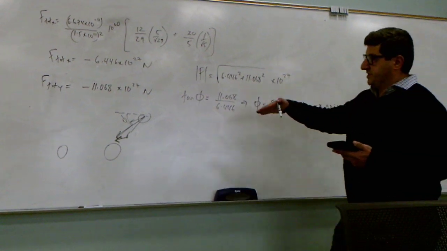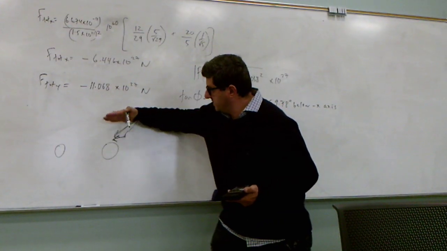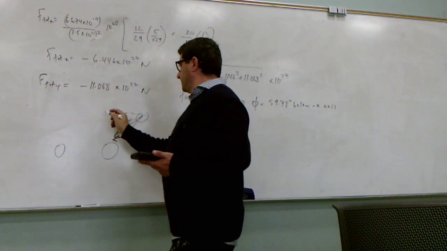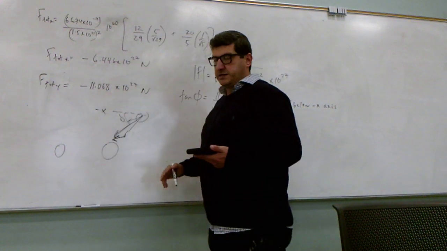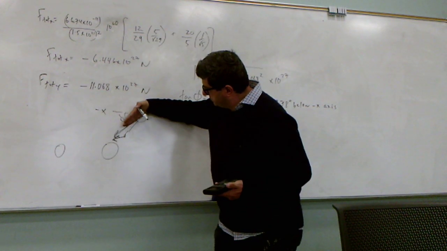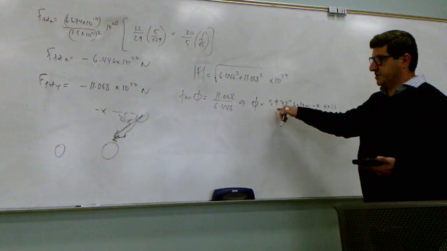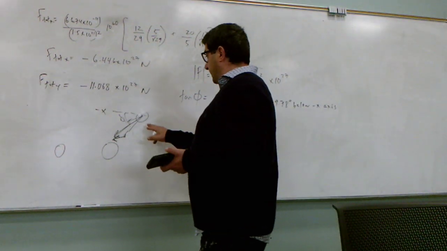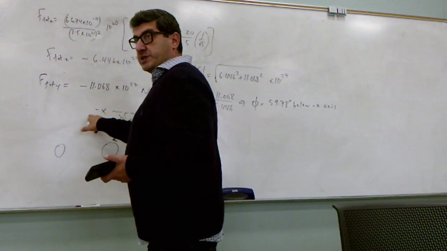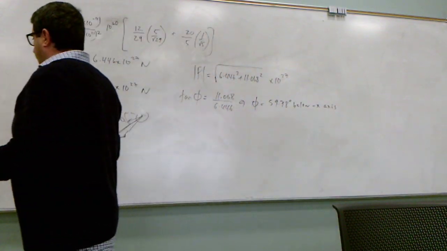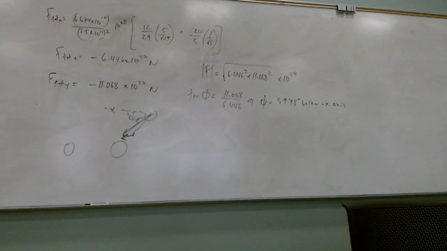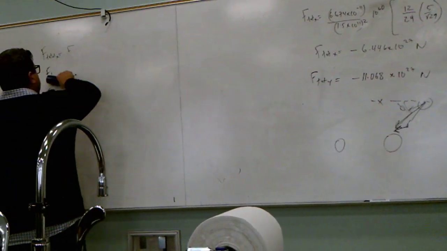Right? So that means the angle of the force, this is the negative x-axis, and it's below the negative x-axis by that much. Now if that star had been in the middle between them, what would have likely happened?